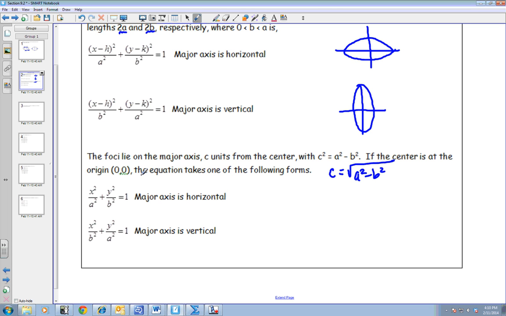If the center is at (0, 0), the equation takes one of these forms, depending on which axis is the major axis. So remember, c is how many units from the center the focus points, or foci, are.